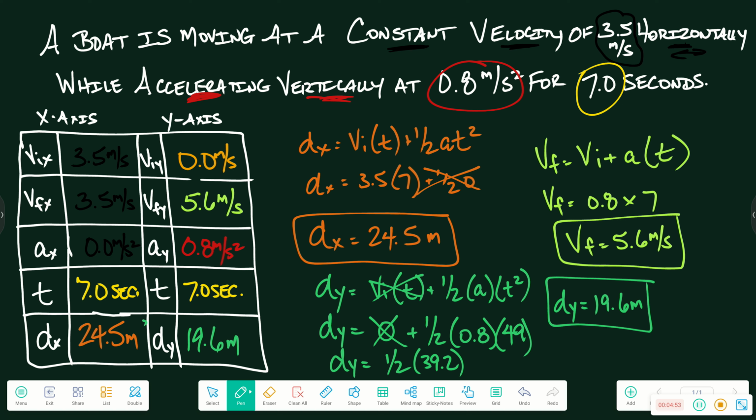And that's it. So we know it's moving upward. We know it's moving positively forward.